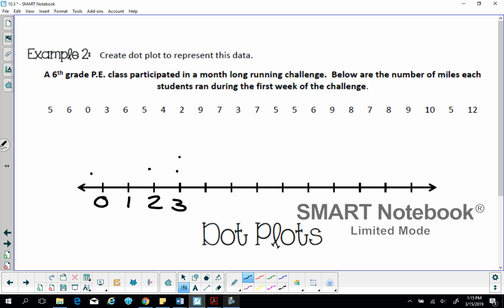Good. Fernando, how many on 4? Ryan, how many on 5? It is 5. Pablo, how many are on 6? 3. Zaylen, how many are on 7?